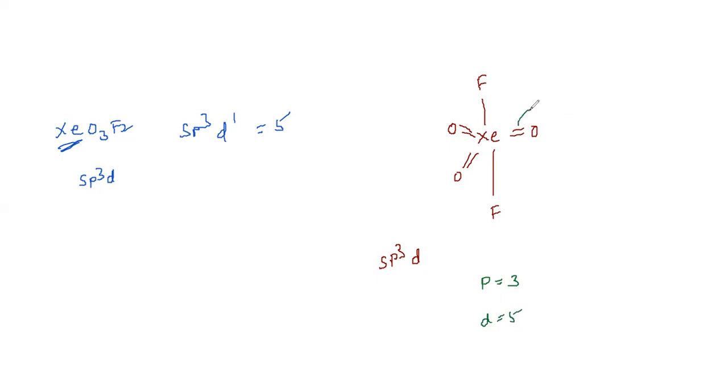The remaining bonds are dπ-pπ bonds. This one is 1, and these two are the same. So dπ-pπ bonds are 3, sorry, 3. So in total pπ bonds are 0 and dπ-pπ bonds are 3.